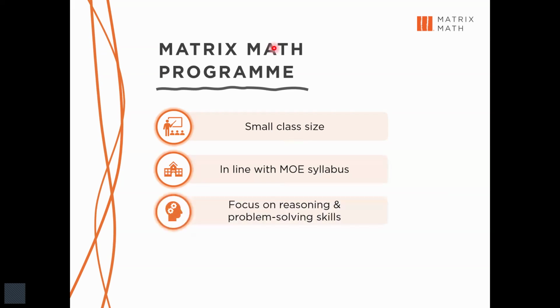Our focus is more on reasoning and problem solving skills, not so much heuristics or how to multiply and divide, but to understand problems. This is more of your paper 2 type of questions.